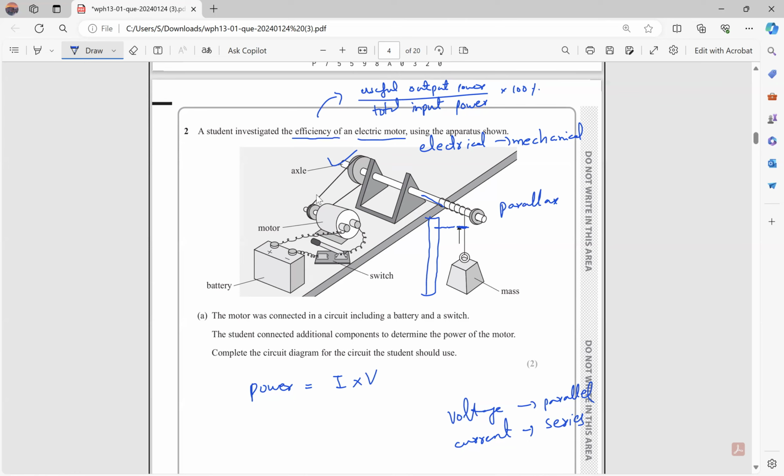You see the reading a bit higher or a bit lower than it actually is. So to avoid parallax, you have to look directly at the meter rule at this point, at 90 degrees from the front. Only then can you make sure that there's no parallax error, no reading error.